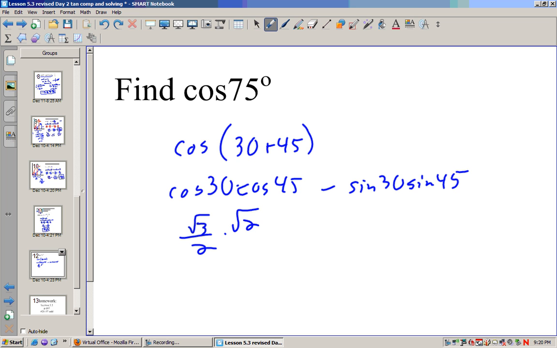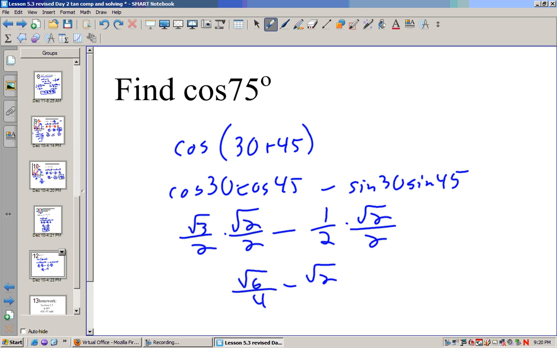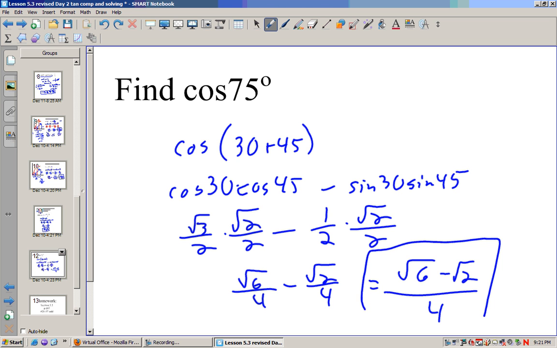Cosine 45 is root 2 over 2 minus sine of 30, which is 1/2. Sine of 45 is root 2 over 2. So this is going to be root 6 over 4 minus root 2 over 4. So this is going to be root 6 minus root 2 over 4. Alright, hopefully that made sense.